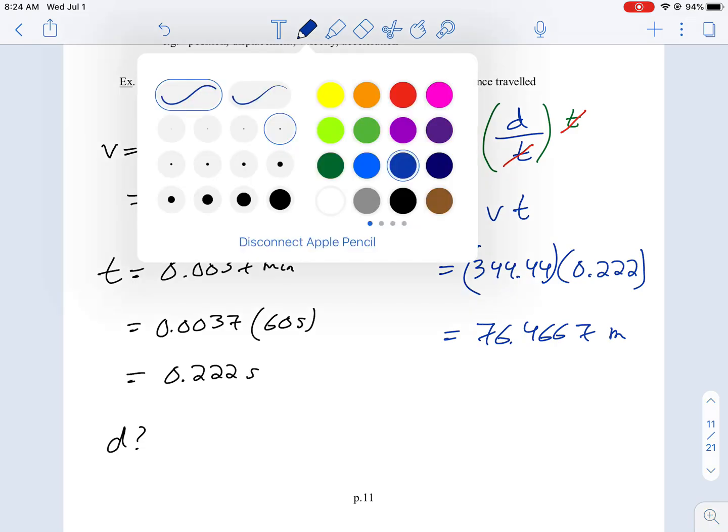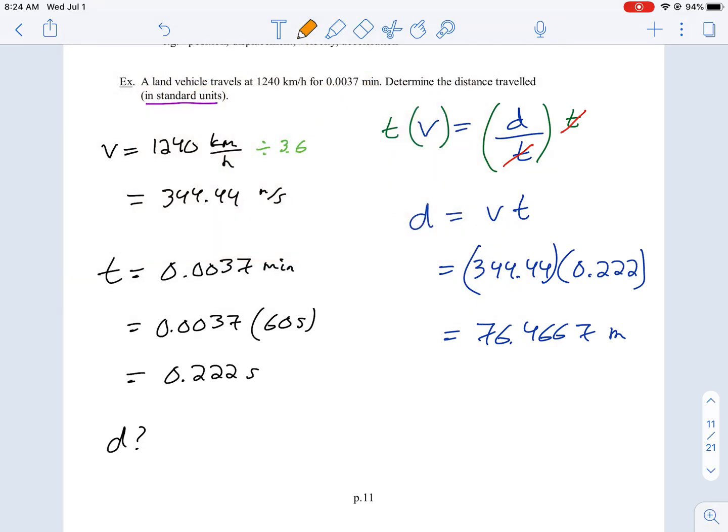Now, I want you guys to take a look at the two quantities we have here. How many sig digs are in each of those quantities, and how many sig digs should our answer have? Well, 1240 has 4 significant digits, whereas 0.0037 has 2.